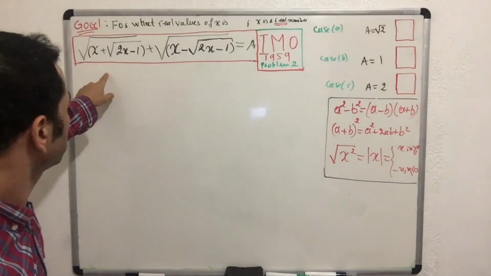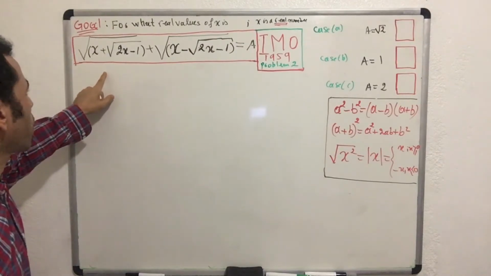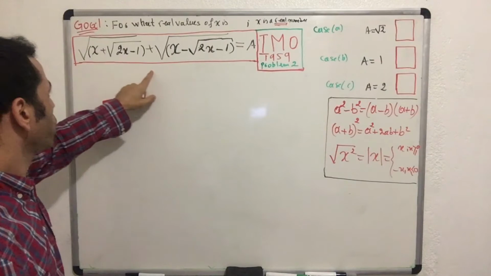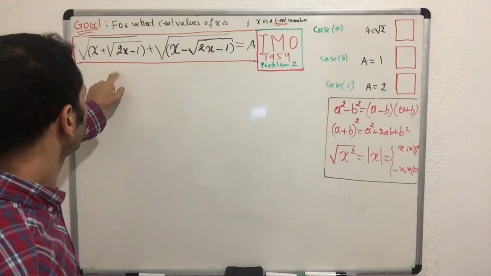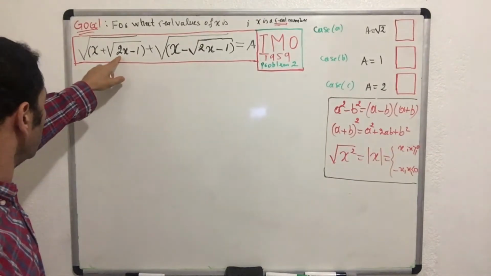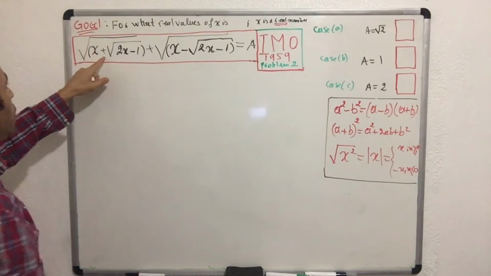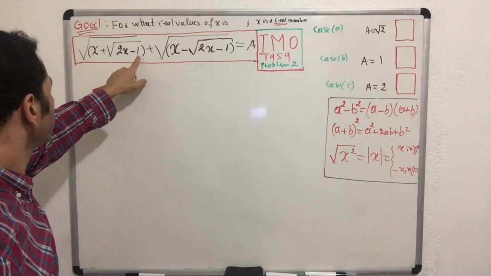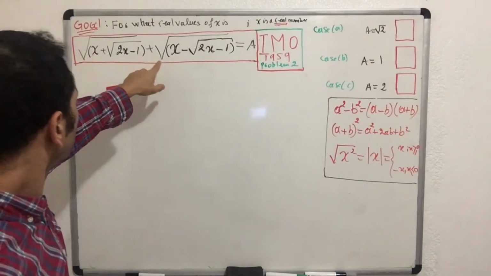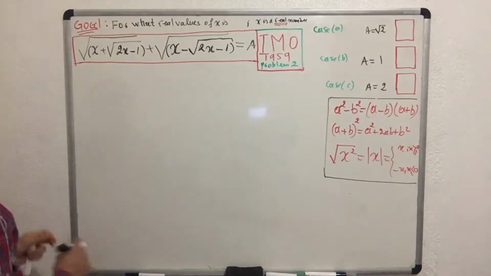Before I start solving this equation, we are going to determine the domain range of this equation. In other words, the quantity inside the square root has to be positive. So let's start.